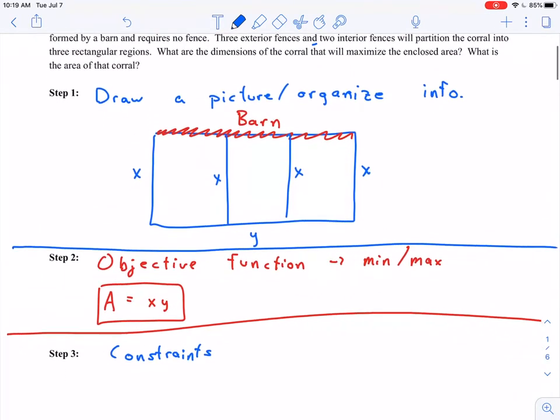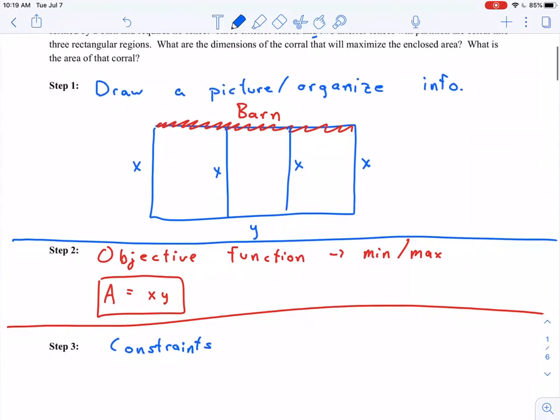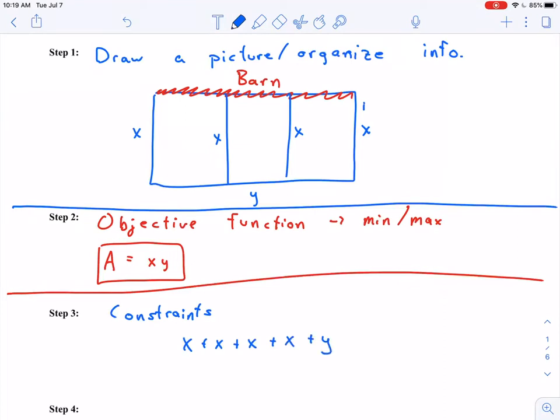In this case, we are constrained by the amount of fencing that we have. It says a rancher has 400 feet of fence for constructing this corral. We only have 400 feet of fence. So that means this side of my fence, and this side, and this side, and this side, and this side cannot be more than 400. In other words, x plus x plus x plus x plus y, that cannot be more than 400.